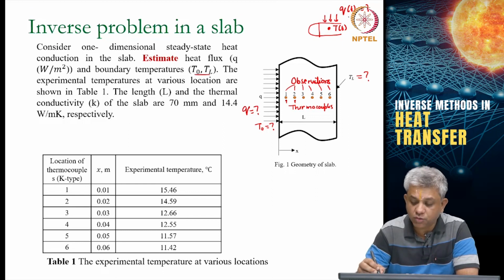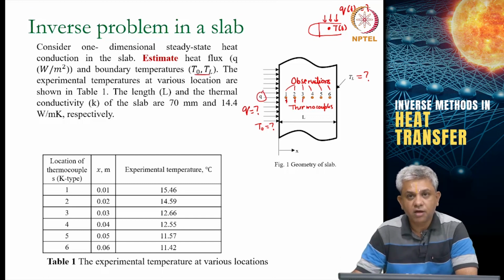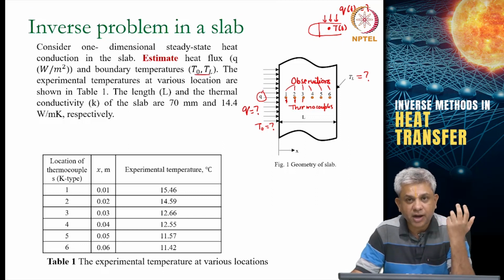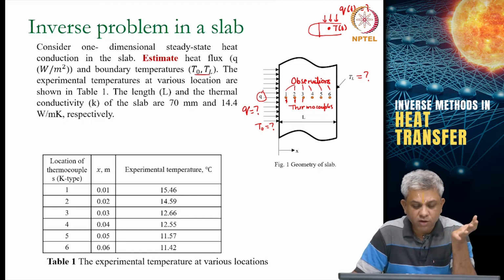So, what was Q given T? It is the same thing here. Given all these temperatures, can you find out what Q is? So, this is in some sense related to the practical problem also, but you can also see that it is very close to the forward problem that I just showed you.